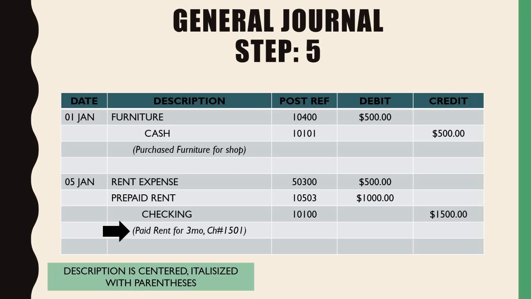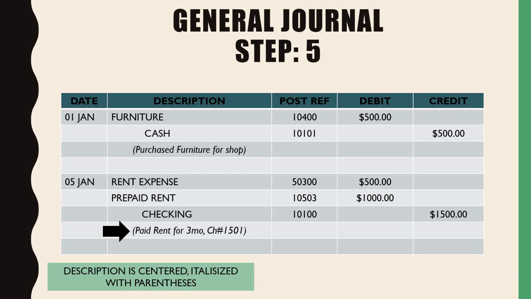And of course, your description. Obviously, your description in your journal isn't going to be strictly only account names. It's also going to hold details in regards to the transaction itself. For example, in this case, I just put rent expense, prepaid rent, and a checking account. How is that going to tell me what has happened? In this case, I can make a note as long as it's in parentheses.